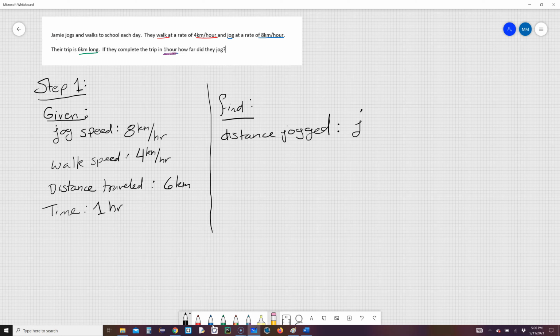Now, it might be of interest to us to also have a variable for the distance walked. I'll call that W, but what we're really interested in is J. So we notice that this is another motion problem, another physics problem, so we're probably going to be using D = RT again, so we'll just write that down as a formula for us to use.